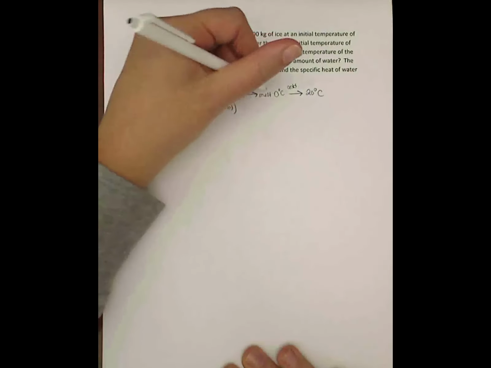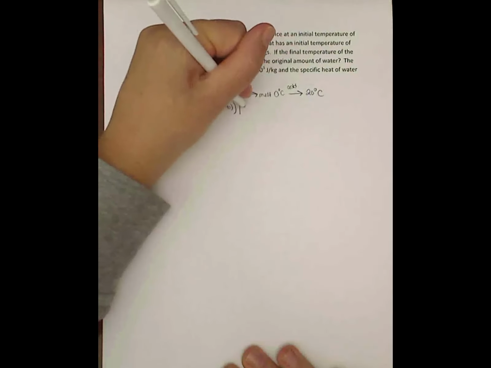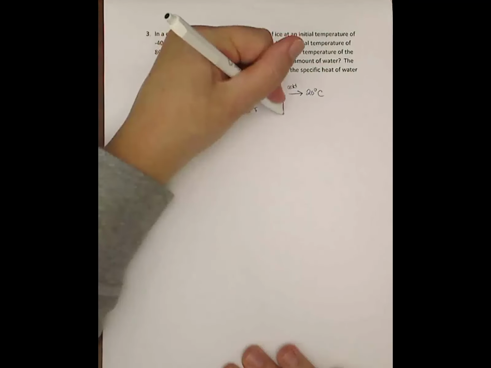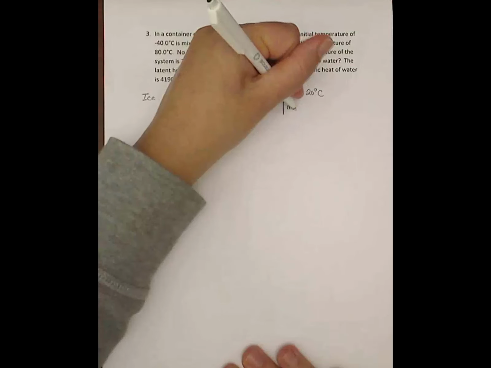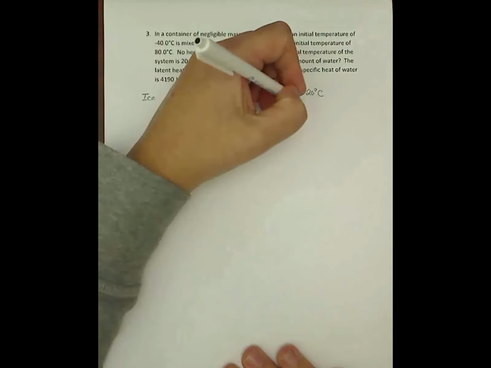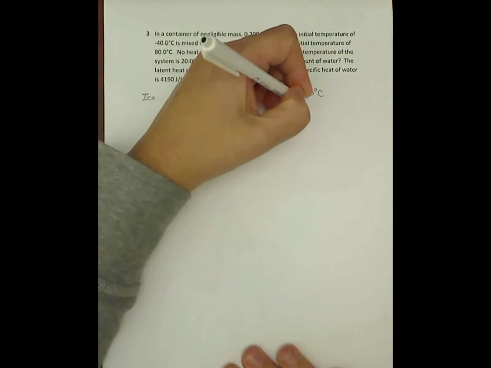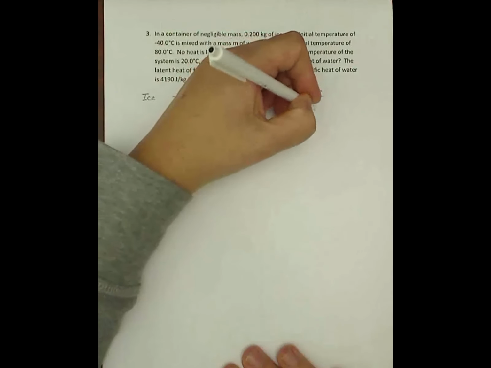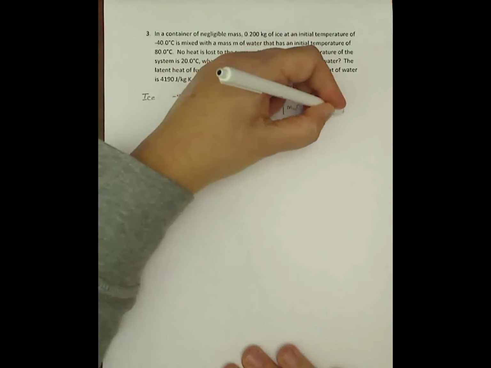Then to melt the ice, we need the mass times the latent heat of the fusion for ice. Then to heat the water from 0 to 20, we're going to have the mass of the water, which is still going to be 0.2 kilograms. We haven't added or removed any molecules, so the mass will be the same, times the specific heat for water, times the temperature difference, final minus initial.